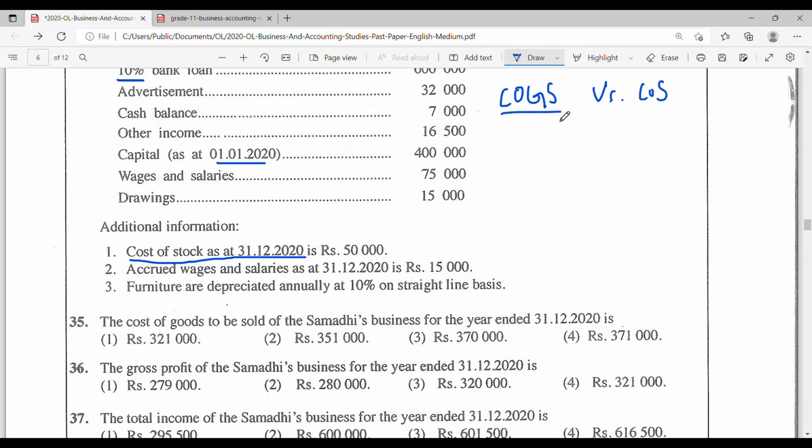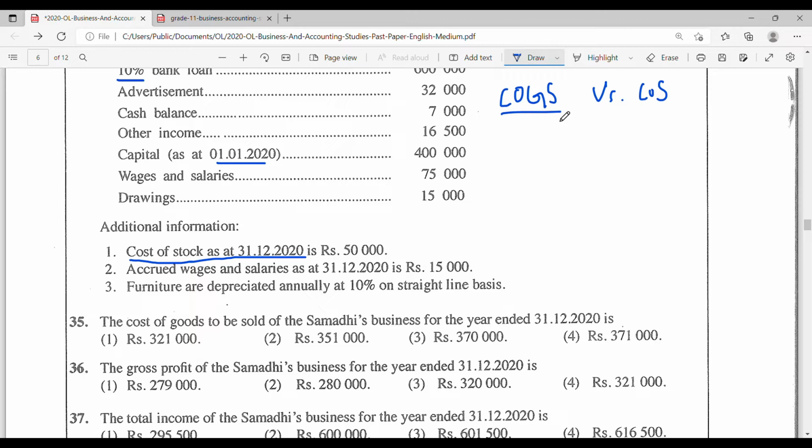Cost of goods to be sold means the total cost of your entire stock which is available for sale. It doesn't mean that you have sold it. You are going to find the cost of the entire stock which is available with you for your sales.